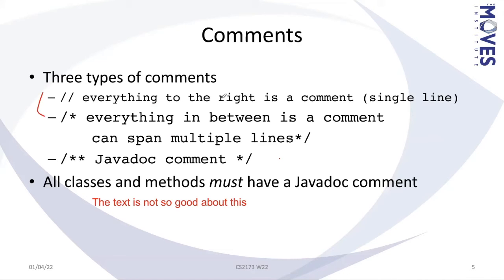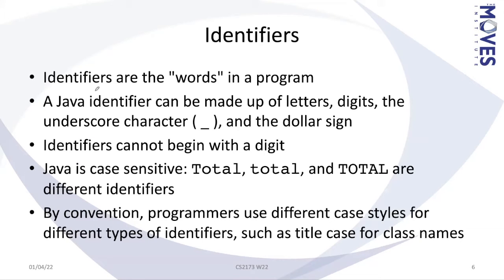I wish they had had more emphasis on the Javadoc comments. There was a very good reason for that. The Javadoc comments let you generate HTML pages that document what your code is about, and that will list everything in those Javadoc comments. So that's why they're important. The other 2 do not appear in the HTML pages that are generated.